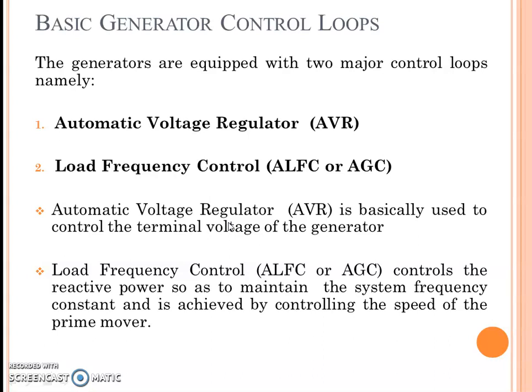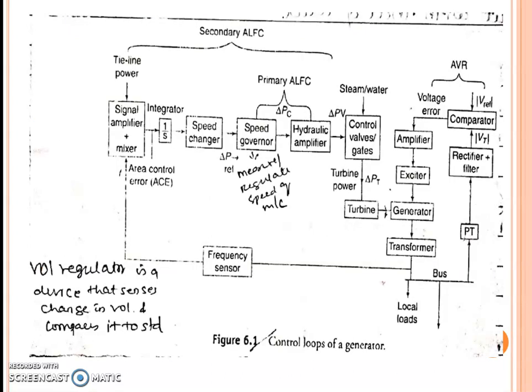Or if you want to maintain the system frequency and the reactive power at a constant level, you can adjust the speed of the prime movers in such a way that they are maintained at a constant level. That is what we call automatic load frequency control or automatic generation control. These are the two definitions we can give for the automatic voltage regulator and AGC.